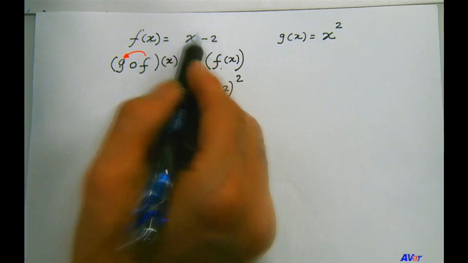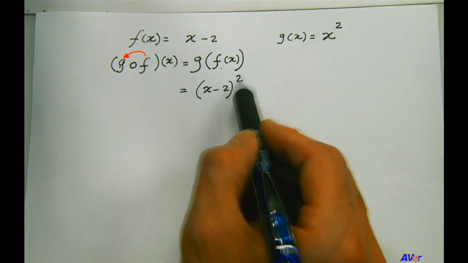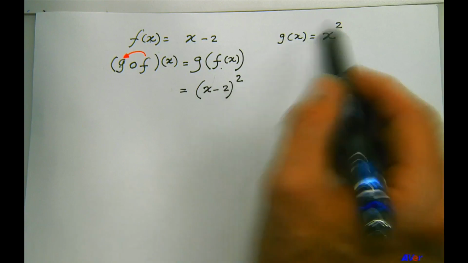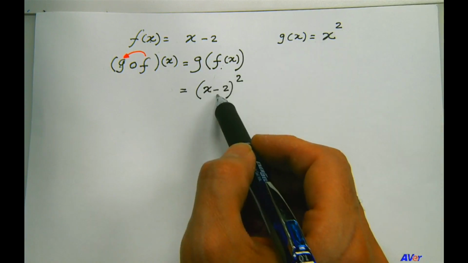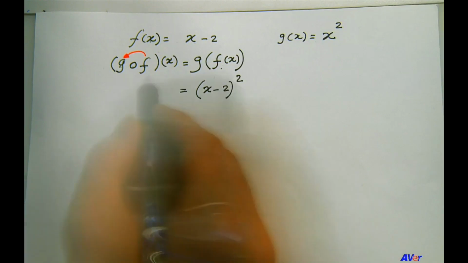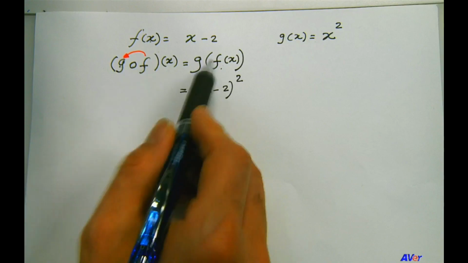Notice all of f replaced all of x, and then the power is applied to what used to be just x, but now it's x minus 2. And this is the composition of g of f in x.